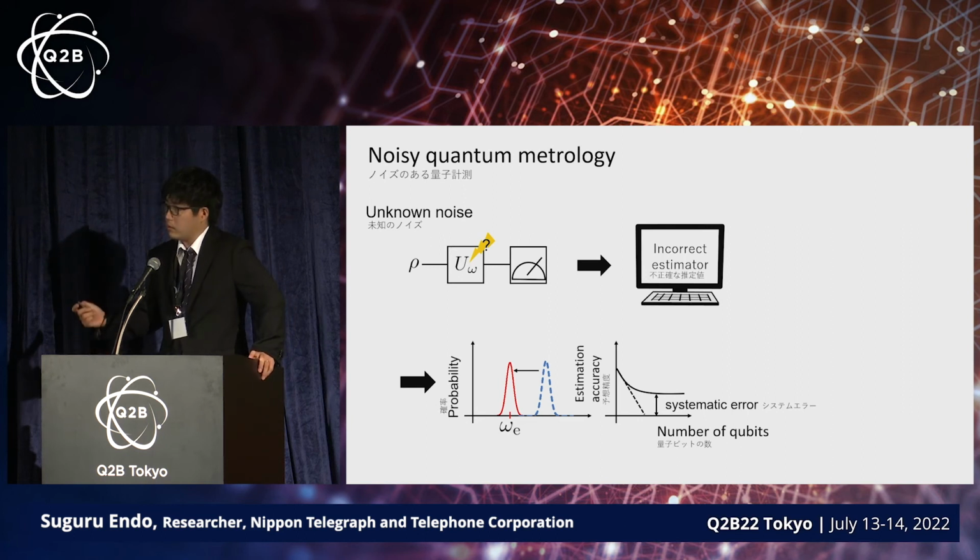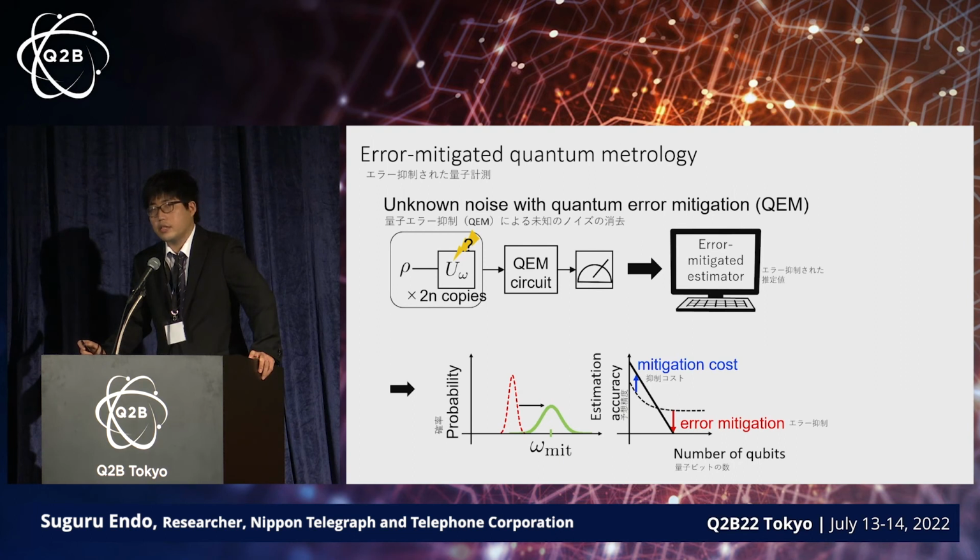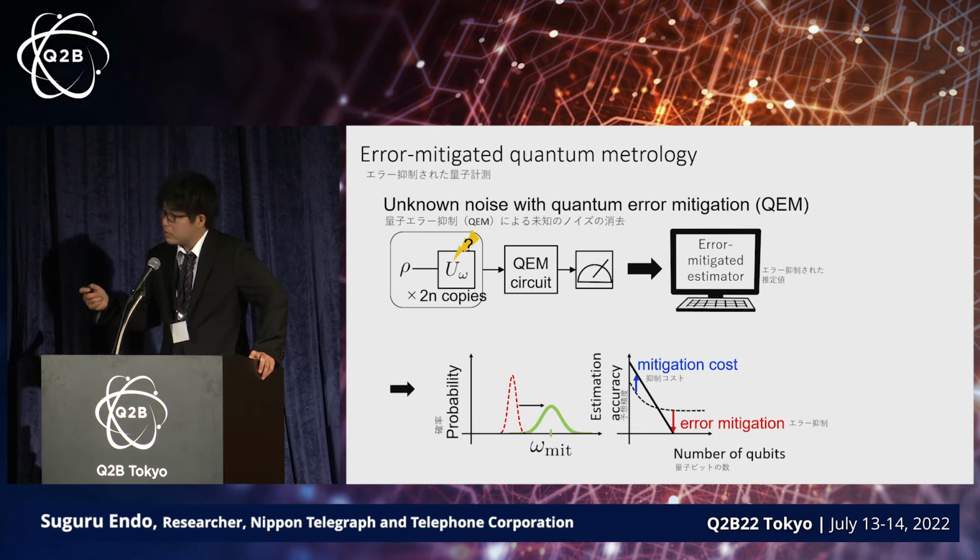We need to overcome this problem, and quantum error mitigation can overcome this problem. Like, we prepare copies of the quantum state, and we apply quantum error mitigation circuit, and we measure the results, and we construct the error mitigated estimator, and in this case, the wrong probability distribution is shifted to the correct error mitigated probability distribution, and by using error mitigation, we can recover the quantum scaling.